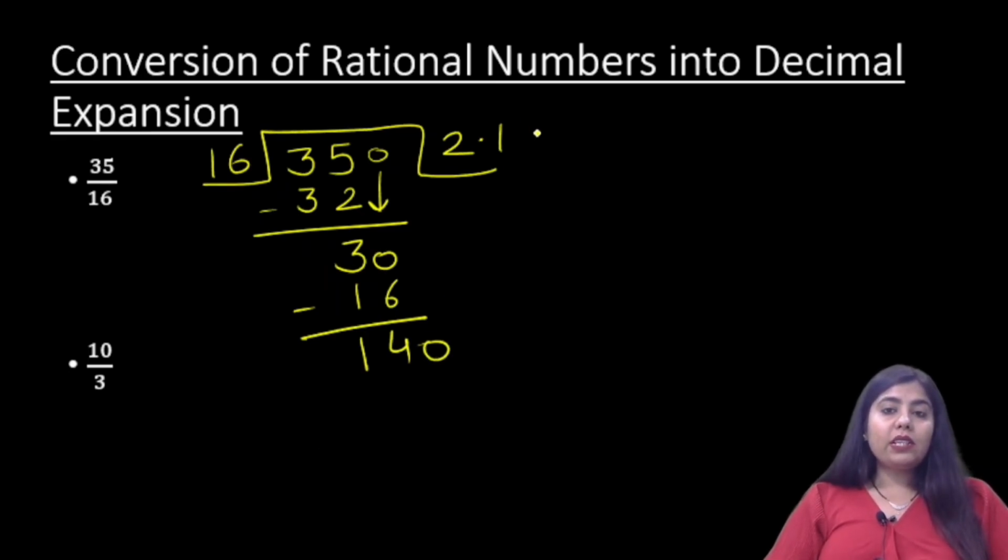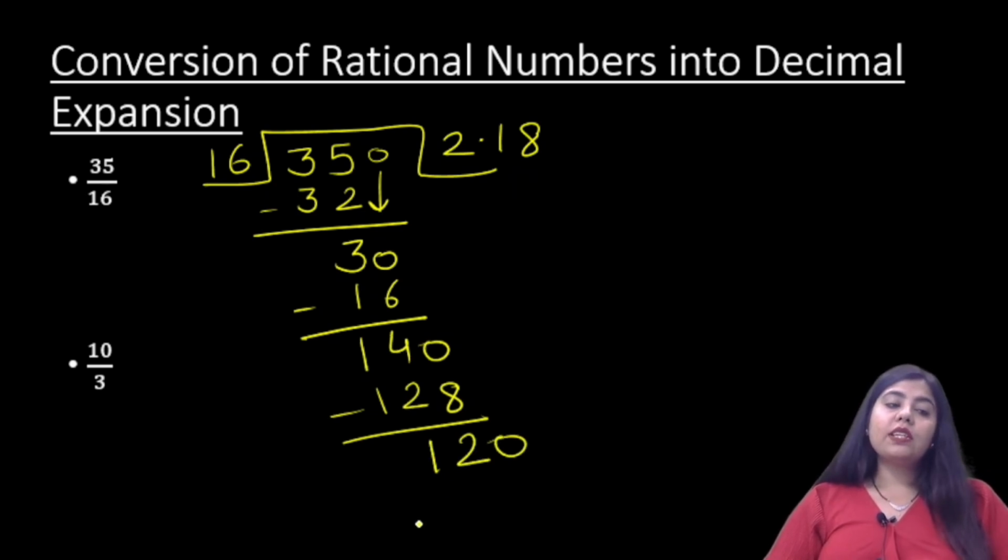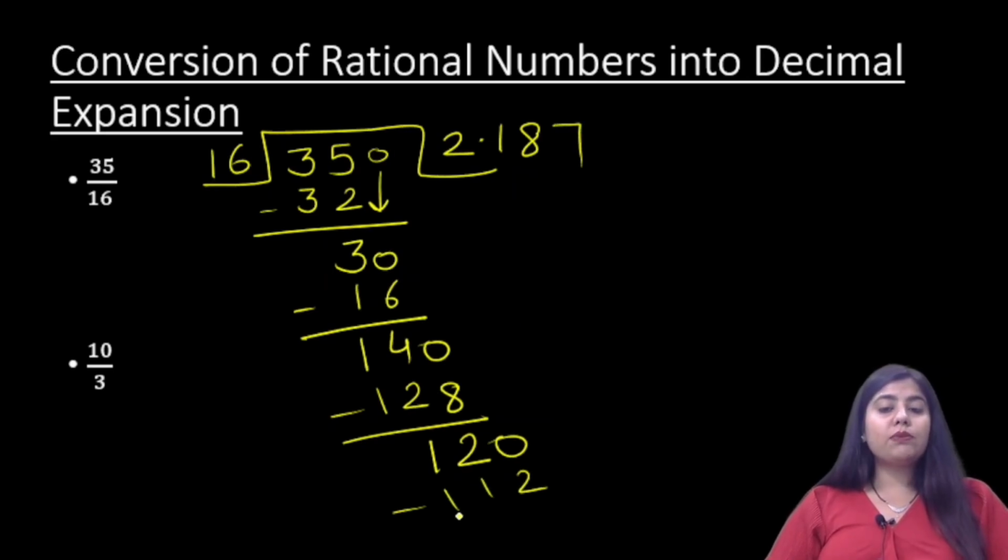Now on 8 we can write 128 here. Now 140 minus 128 is 12 only. Again we will take the carryover as 0. Now it is on 7, it is 112. When we subtract 112 from 120, we will get 8.